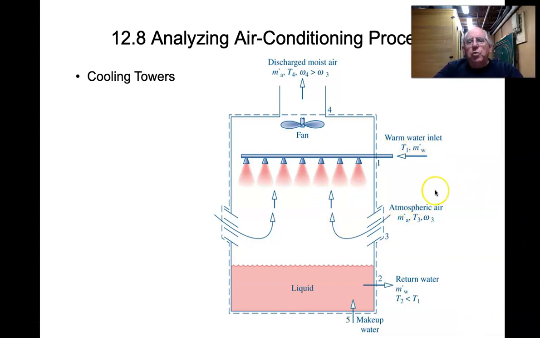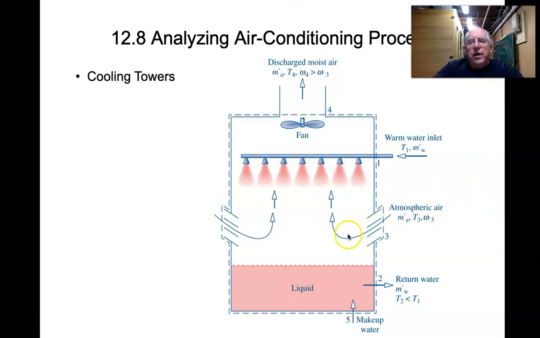And it's cooled because this air has a humidity ratio that can still accept some vapor, and it usually fully saturates. So the discharged moist air is discharged with a higher value of humidity ratio and typically a higher temperature. But the mass of dry air, as you see here, stays the same.